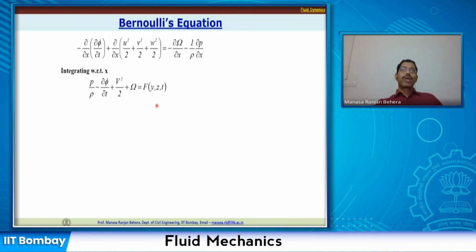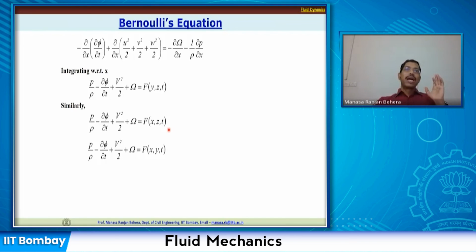This whole integration will also give rise to some constant, and this constant could be a function of y, z and t, because this whole thing is a function of x, y, z and t, and because we are integrating with respect to x, the constant could be a function of y, z and t. Now similarly, if we derive the expressions for the y direction, I will get the same expression with a constant which could be a function of x, z and t, and in the z direction I will get a constant which will be a function of x, y and t.